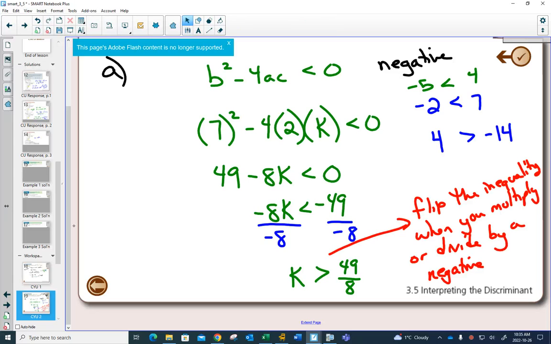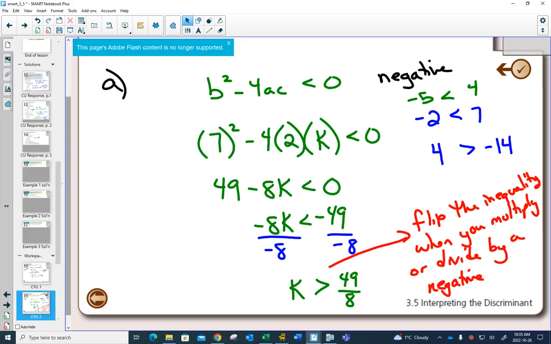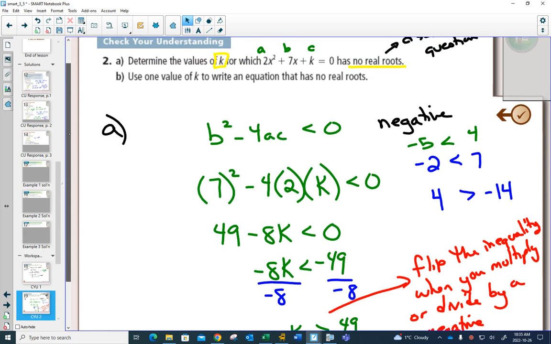So this question is asking, in order for this to have no real roots, it happens when k is bigger than 49 over 8. Not something that's an intuitive number that you would look at, okay? The fact that it says no real roots means that it's a discriminant question.